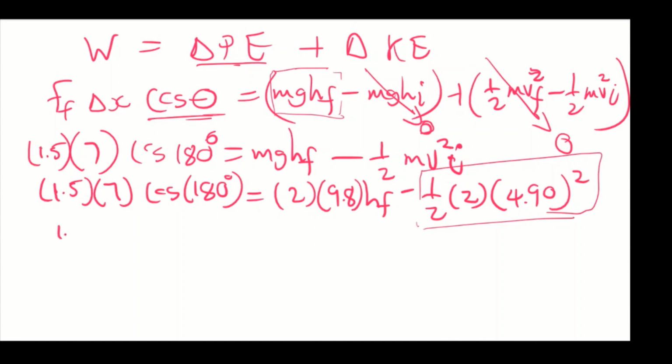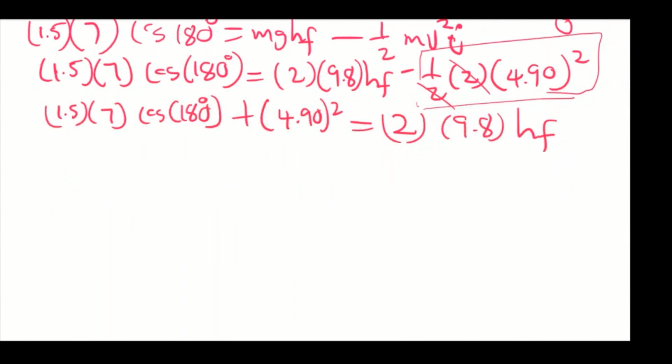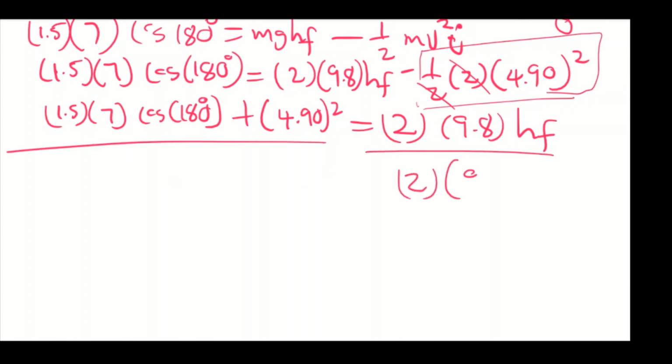So it's just going to be 1.5 multiplied by 7 cos of 180 degrees plus, so I'm just going to cancel out this first before I transpose. So you're just going to have plus 4.90 squared equals 2 multiplied by 9.8 h of f, right? So we're just going to divide by 2 multiplied by 9.8.